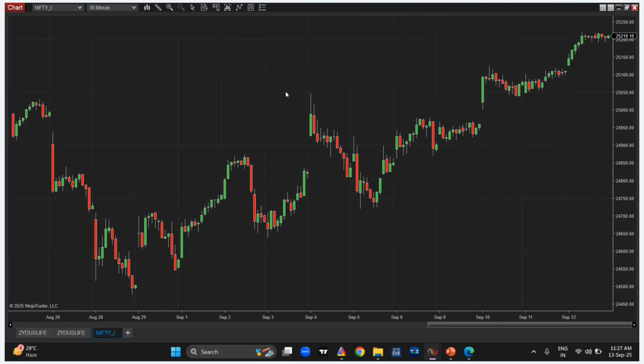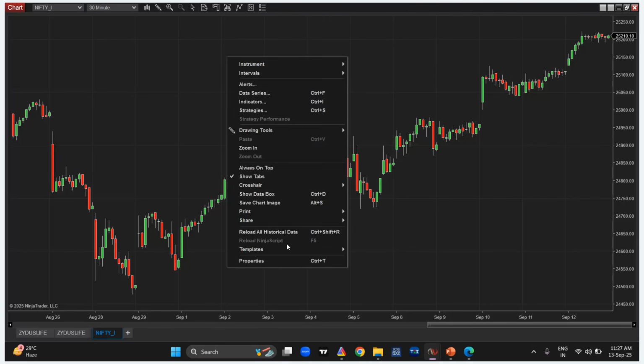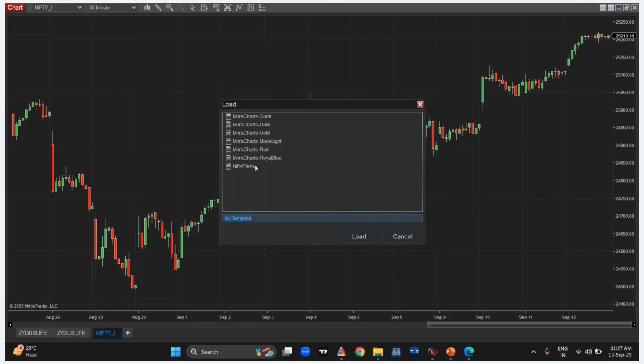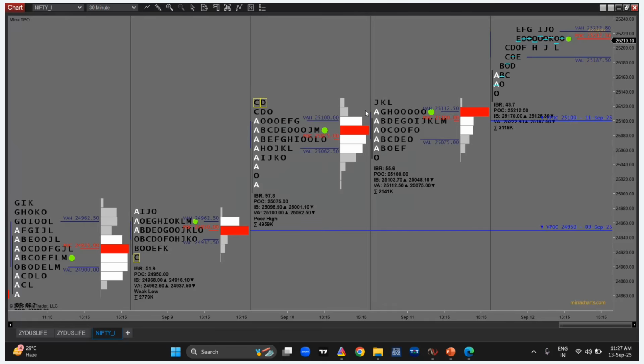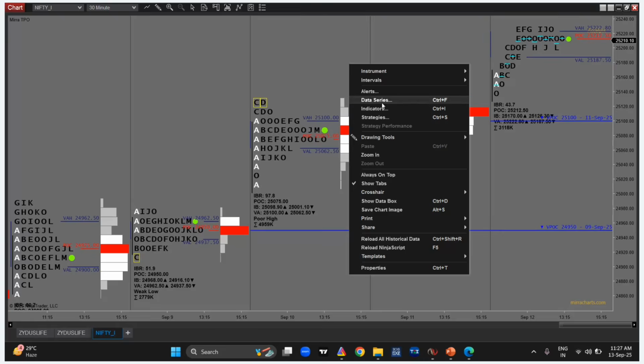Okay, so this is the Nifty chart. This is how the Nifty chart will look.